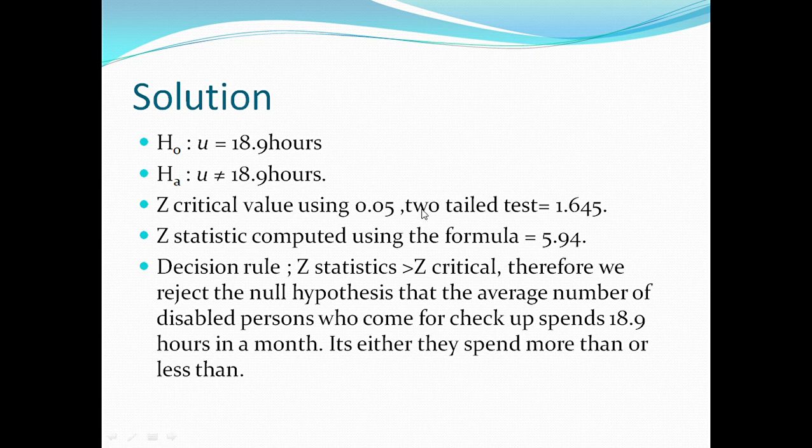We can see that our z calculated is greater than our z critical value, so we are going to reject the null hypothesis that states that the average number of disabled persons who come for checkup spends 18.9 hours in a month. So this is telling us that it is not true. People don't spend up to 18.9 hours. It's either they spend more than or less than.